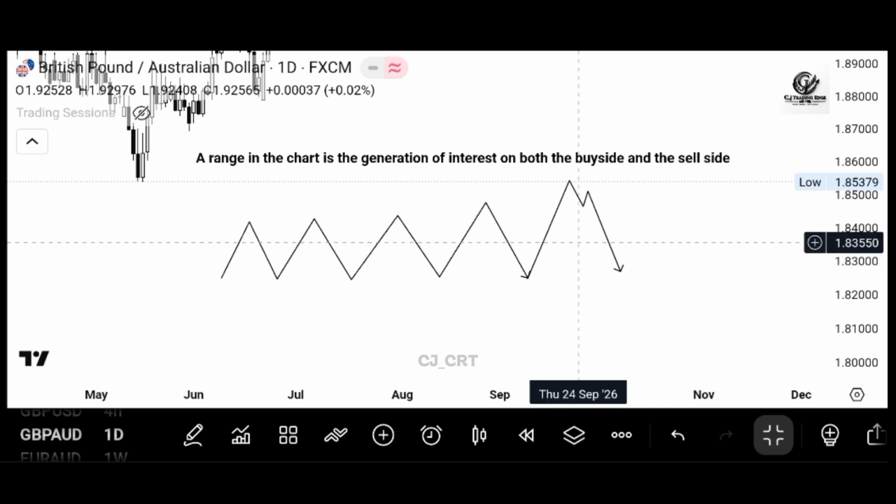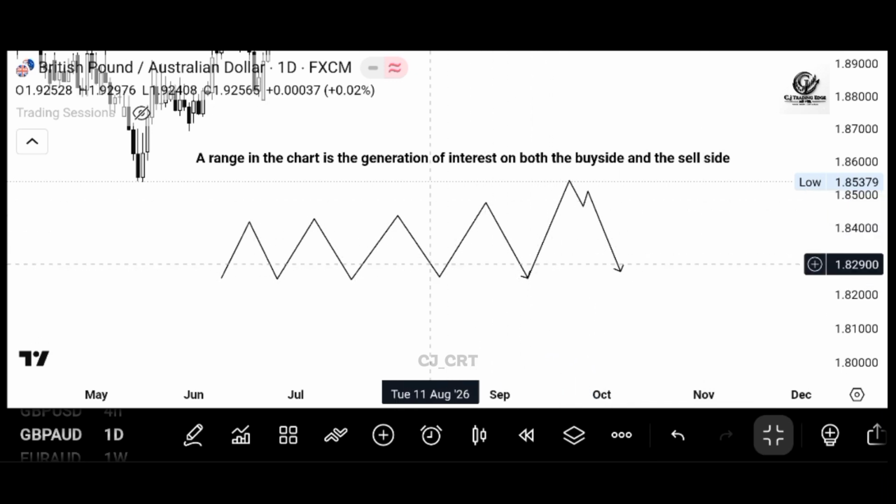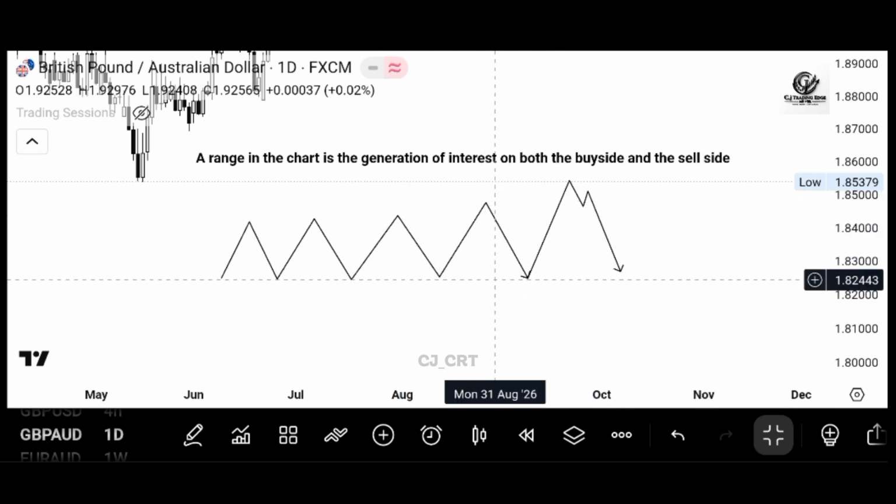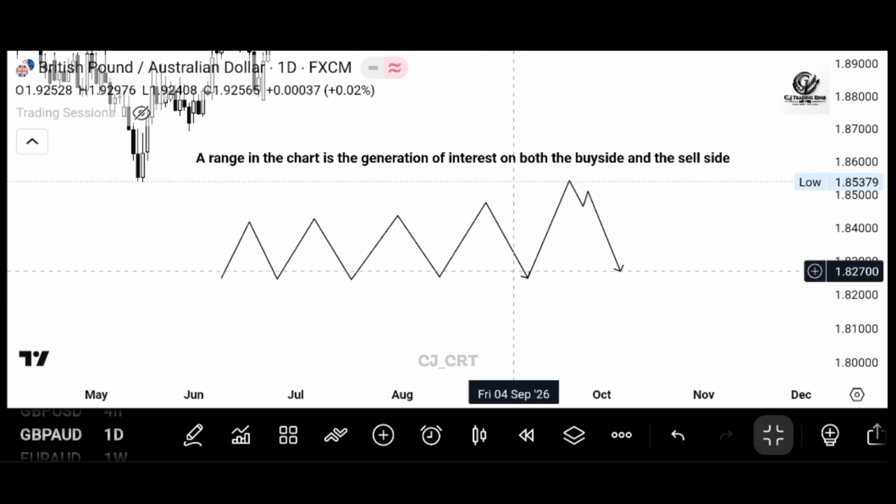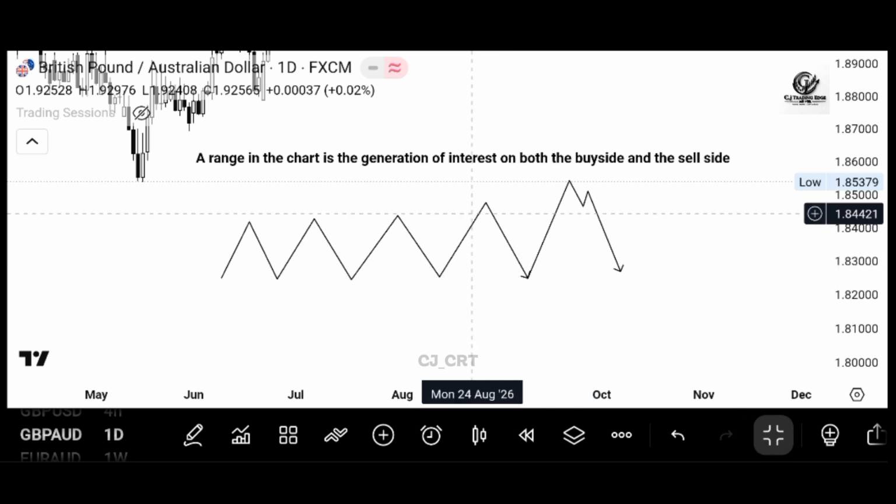Same thing if the market breaks below those other lows. Mode 1 entry, fair value gap, then you hunt the buy side.